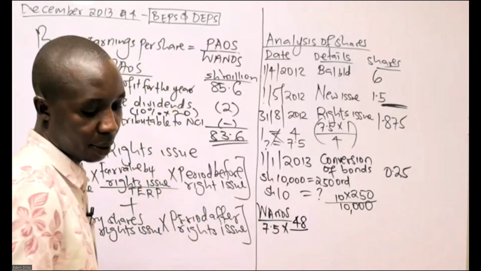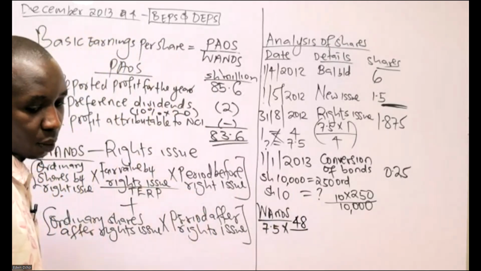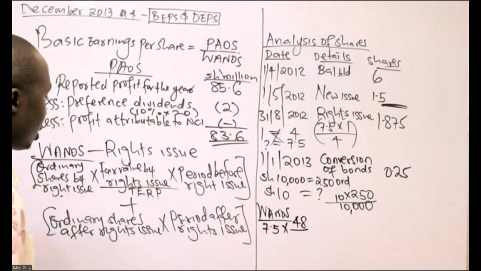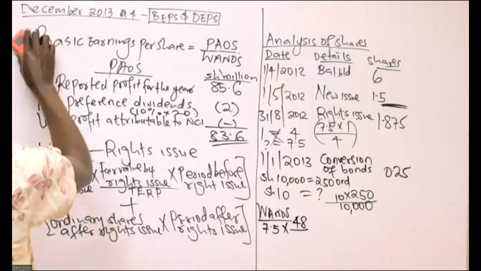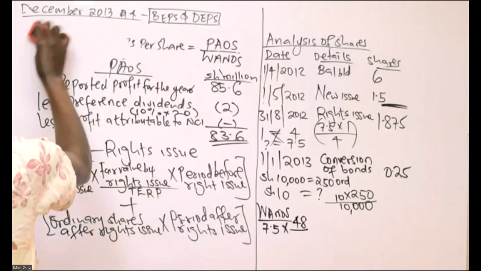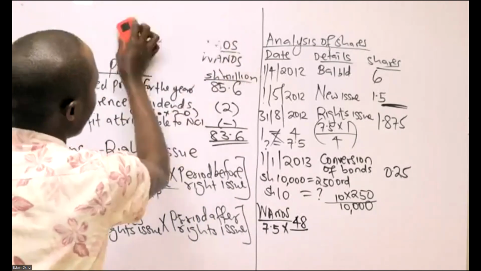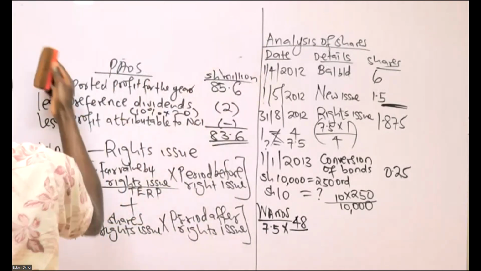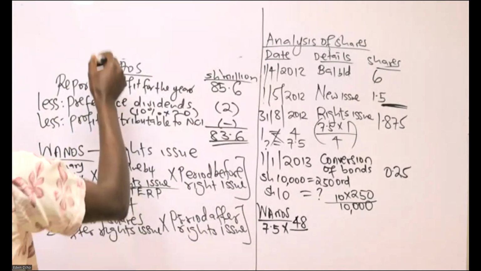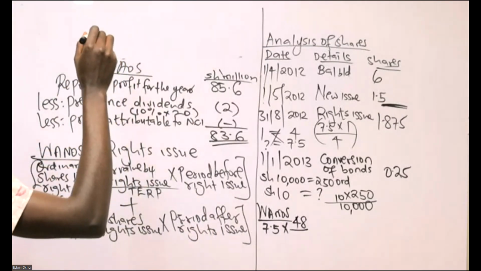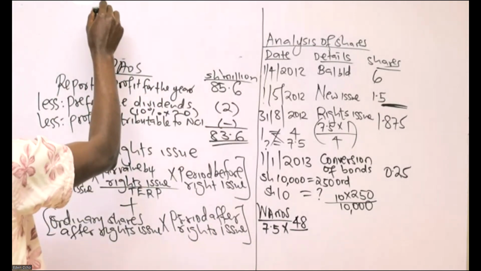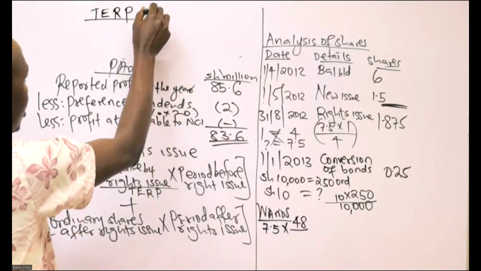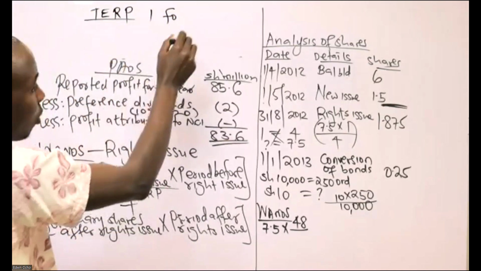So for the theoretical exercise price, we have to compute that. We have to do a working for that. So which working do I have to do? I would have to use the proportion of the rights issue to get the theoretical exercise price. So the proportion was 1 for what?